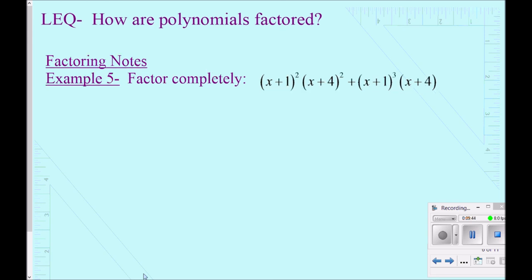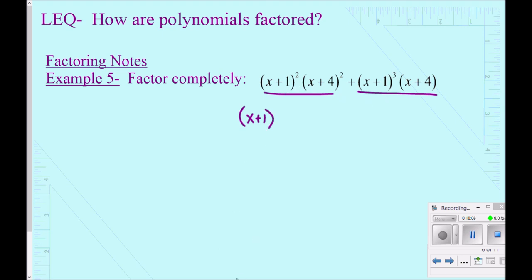Okay, looks like we have another one here. So once again, underline, underline. I'm looking to see what's in common. There's actually a couple terms in this one that are in common, so we'll take them one at a time. I see x plus 1 in common. One is squared and one is cubed.